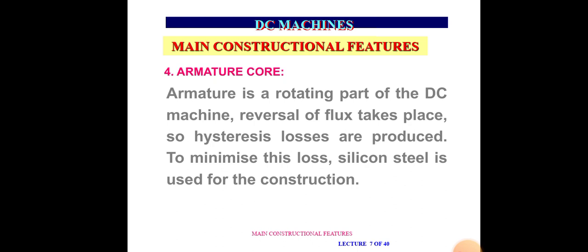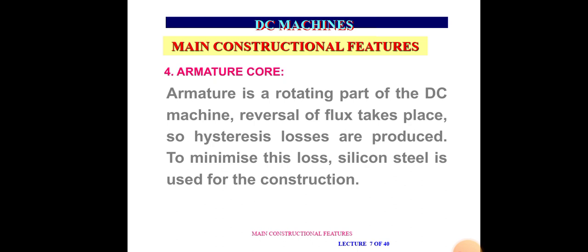Next one, armature core. The armature mostly consists of two main parts: first the armature core and second the armature windings. The armature core houses the armature conductors or coils.